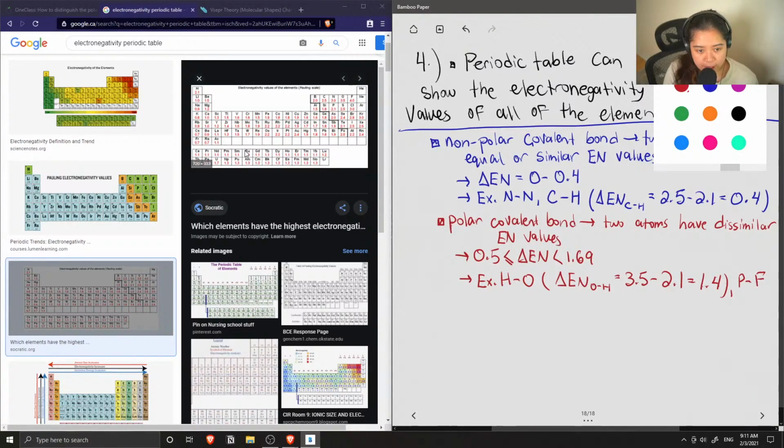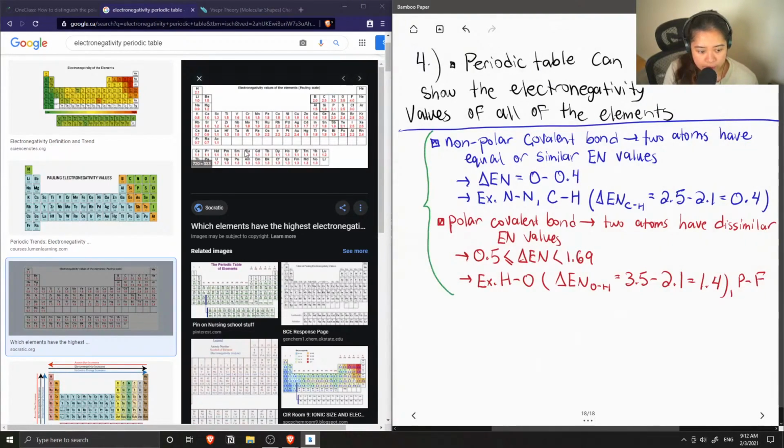So when we have covalent bonds, whether nonpolar or polar, they both involve the sharing of electrons between nonmetals.